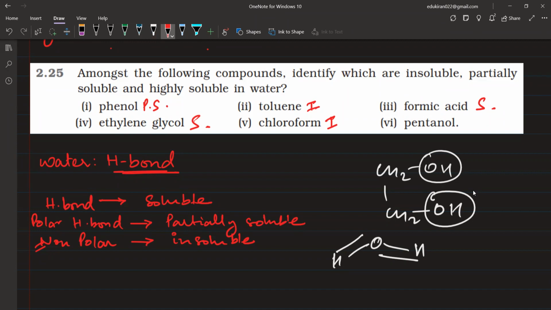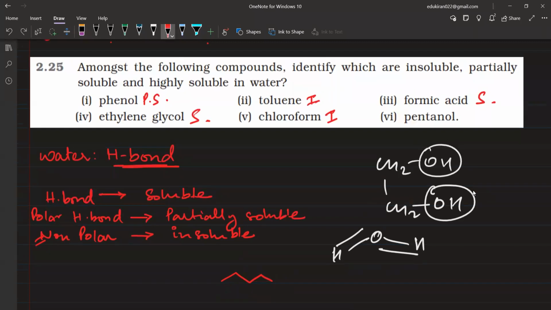Pentanol जो होता है, it is having polar OH bond, 1, 2, 3, 4 and OH. So this big group, sorry, एक और carbon आएगा 5 and OH. So this big group is not having any hydrogen bond. This small thing is having hydrogen bond. That is why it is polar hydrogen bond, which is partially soluble. Write this down.